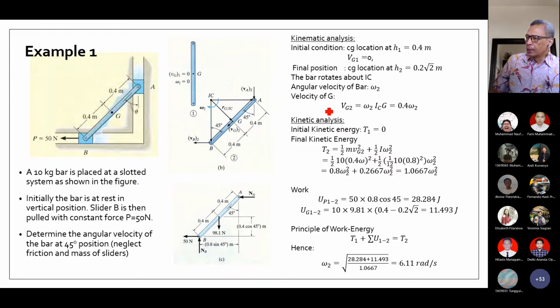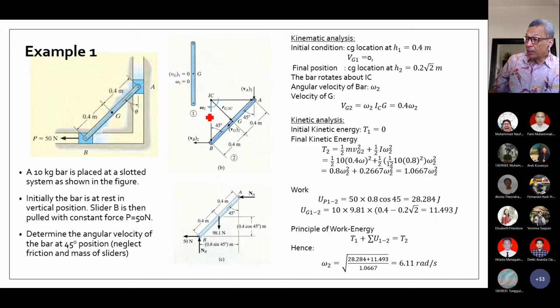So this is the kinematic analysis that we have done for the motion of this rigid bar at this position. Then we can see that since this distance is the same, we can say that the velocity of point B and the velocity of point A are the same. And omega is Vb divided by this distance.